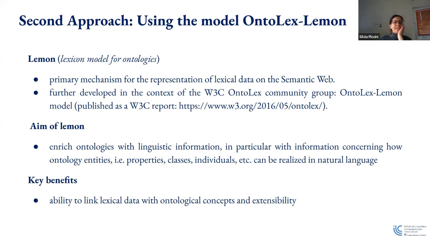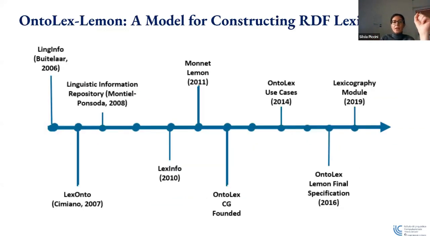One of the aims of the model is to enrich, as I said, ontologies with linguistic information. So we can attach linguistic information to, for example, object properties we have created, classes we have already created, individuals we didn't create yet, but we will do in a few minutes. And that's why it's very useful to formalize linguistic data in detail by using this model.